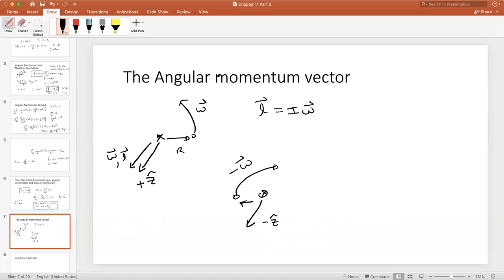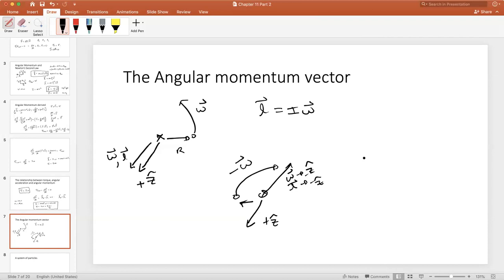Well, actually, I shouldn't say that. If the positive z hat comes out of the page, then omega is along the negative z hat direction, and L is along the negative z hat direction.